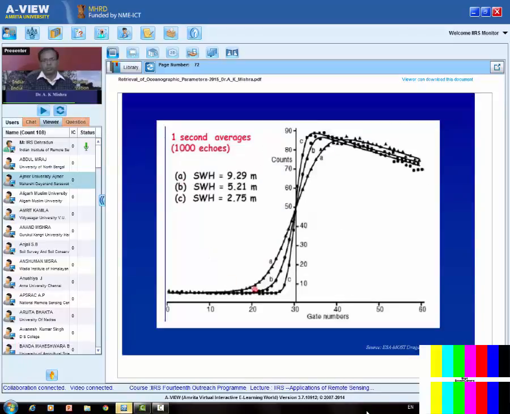Using this principle, you are seeing here that for different significant wave heights, from 2.75 meters to 9.29 meters, the leading edge slopes are different. Based on this, you can find the significant wave height of the ocean.